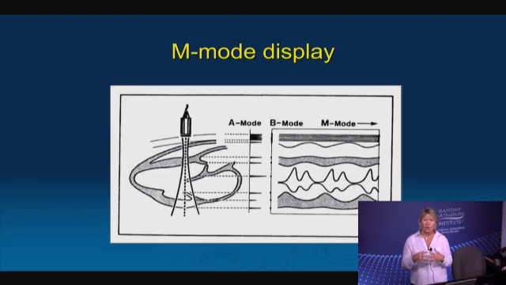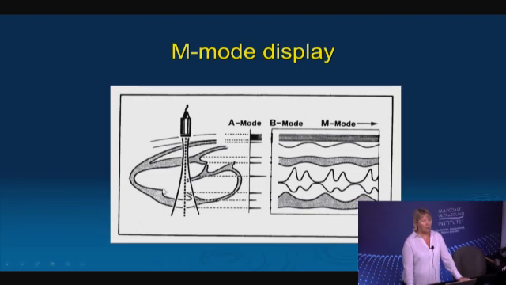Because the heart is such a dynamic structure, we need to evaluate it very quickly, and we refer to that as temporal resolution. M mode has a very high frame rate, or temporal resolution, so there are certain abnormalities that we can see better on M mode. So it complements what we see on 2D. We use it at selective times when we're questioning whether we have a pathological event going on.